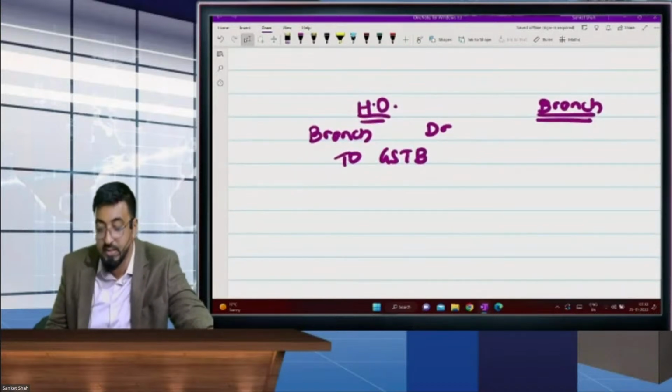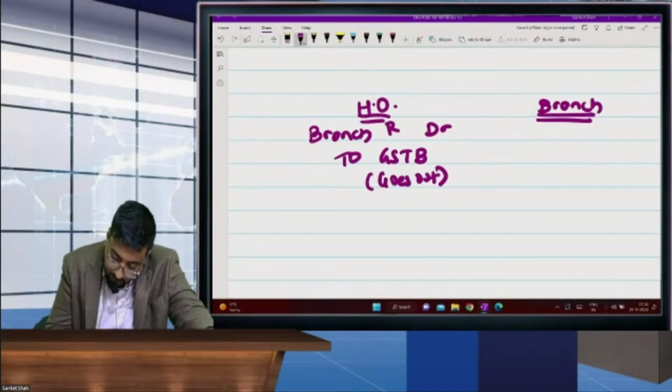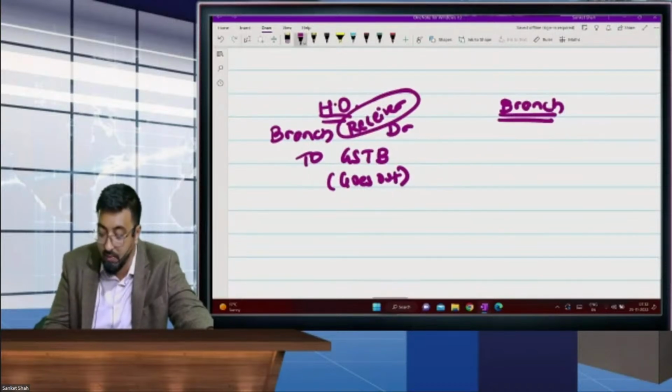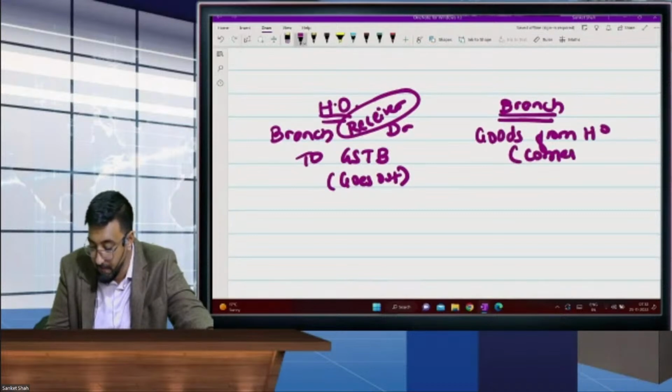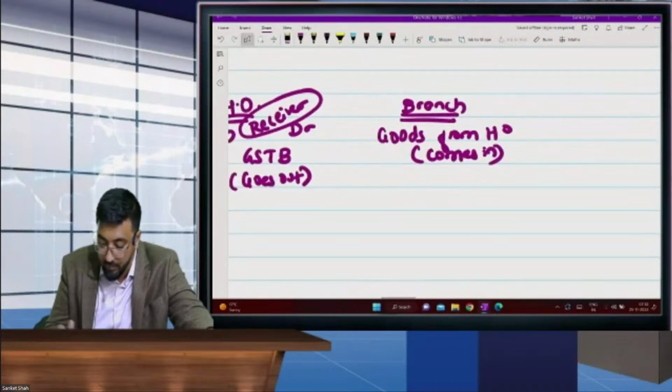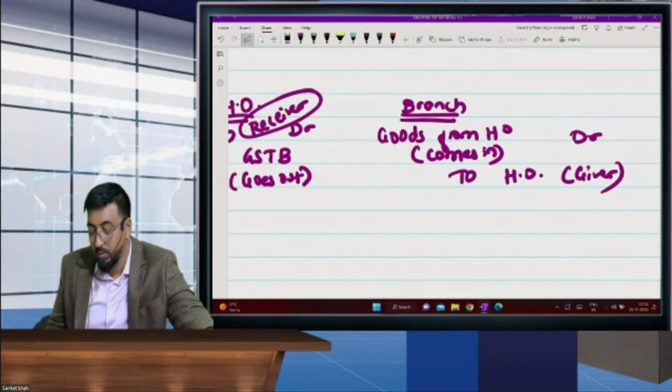Branch is a receiver, apply rule, and goods goes out. Now, what is the entry branch will pass? Goods from HO, goods comes in to head office. Head office is a giver, or you can write as a creditor.